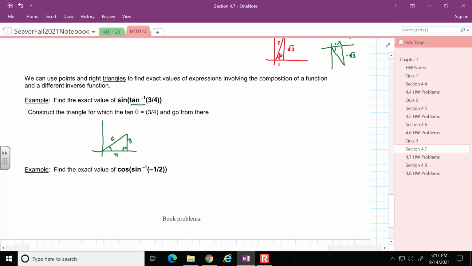I'll call that C. I could figure out what C is. 3 squared plus 4 squared equals C squared. Well, that's 9 plus 16 equals C squared, or 25 equals C squared, or 5 equals C. So if that's the case, and this is 5, then what is the sine of that angle?